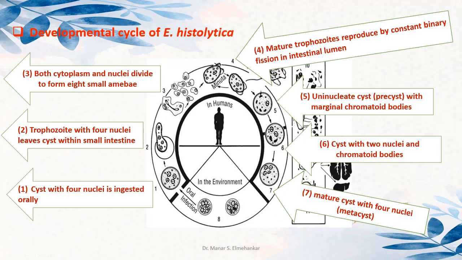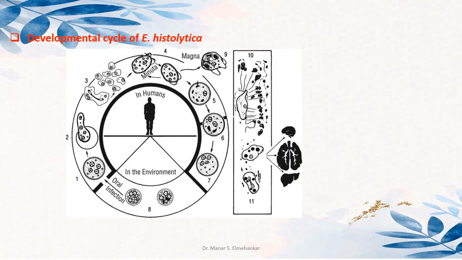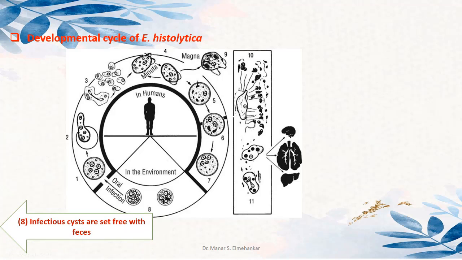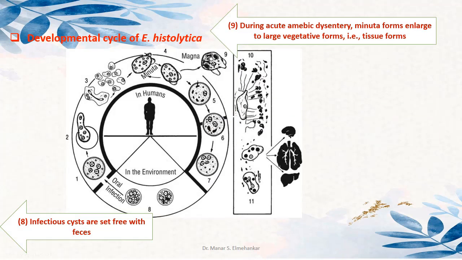7, the mature cyst with 4 nuclei, which is called the metacyst. And number 8, infectious cysts are set free with feces. Then 9, during acute amoebic dysentery, the forms enlarge to large vegetative forms, which are called tissue forms.